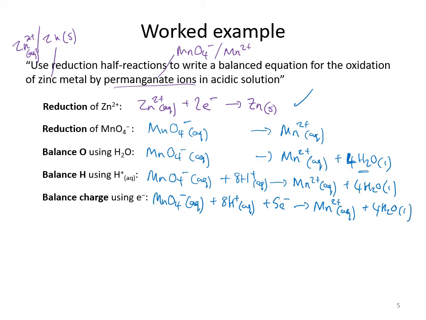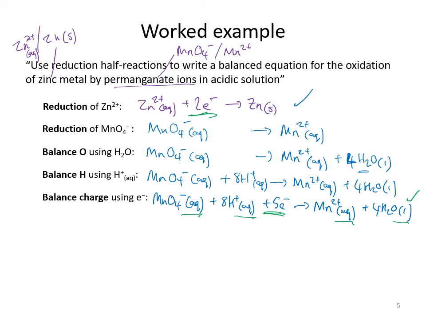And again, we've got state symbols for everything apart from the electrons. Okay, right. So this one is now fully balanced, so I'll give that a little tick there. But there's a problem because we've got 5 electrons here and 2 electrons here. So we can't just put these together in a straightforward way.